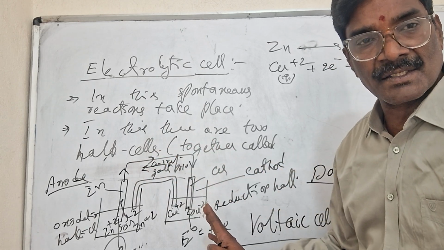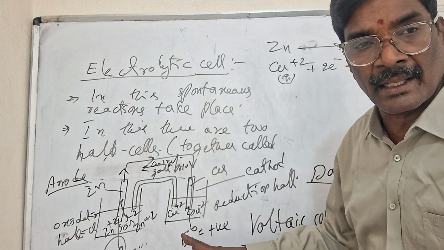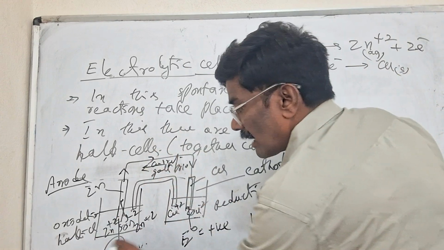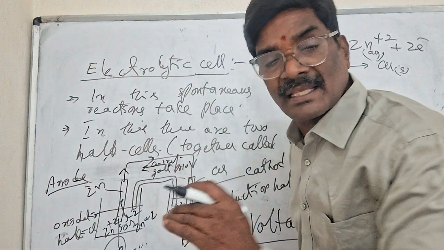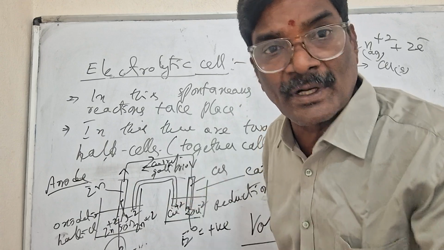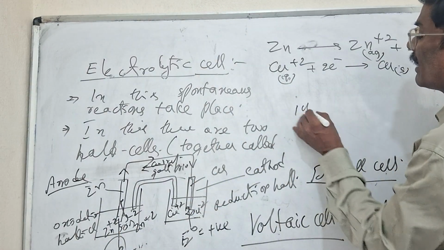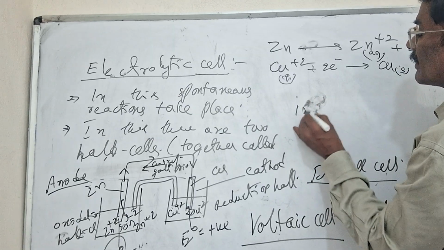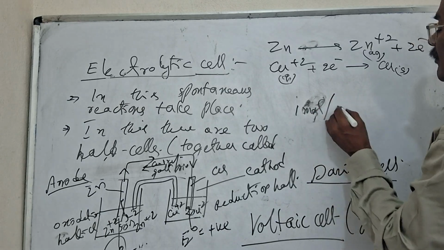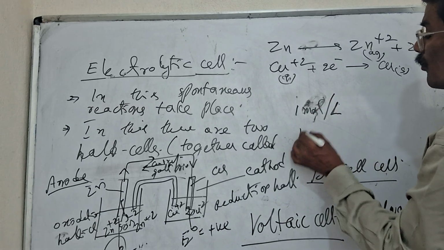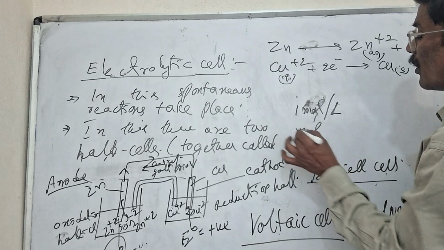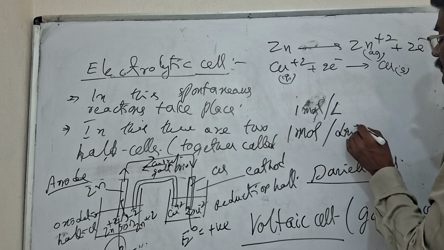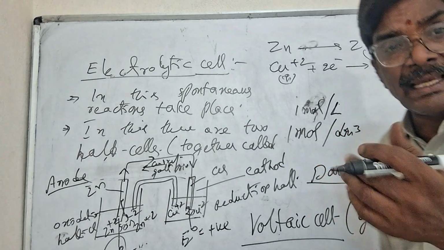This is the main concept. Everybody should understand very clearly the structure and the flow of electrons. When the Zn+2 and Cu+2 ions are in unity, their concentrations are 1 mole per liter, or 1 mole per decimeter cube; 1 dm cube is equal to 1 liter.